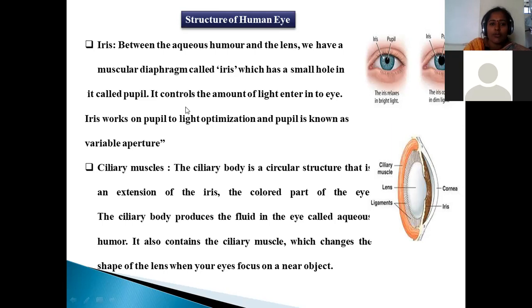The purpose of the iris is to control the amount of light entering the eye. The total intensity of light is not captured by the eye; the iris modulates the extent of light observed, optimizing the light entering the eye.